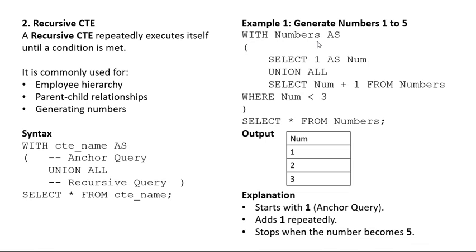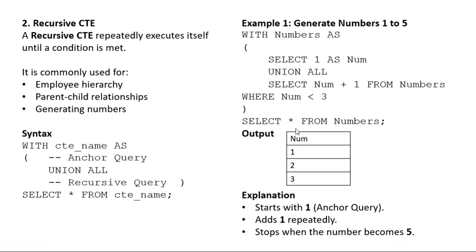WITH numbers AS, and inside the parentheses SELECT 1 AS num, UNION ALL, SELECT num + 1 FROM numbers, the CTE name, WHERE the condition num is less than 3, and the parenthesis closes. And to print the CTE, use SELECT * FROM numbers, sorry, not a table name, it is a CTE name, and semicolon.